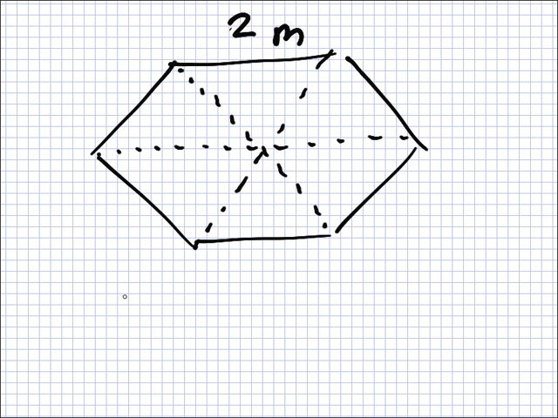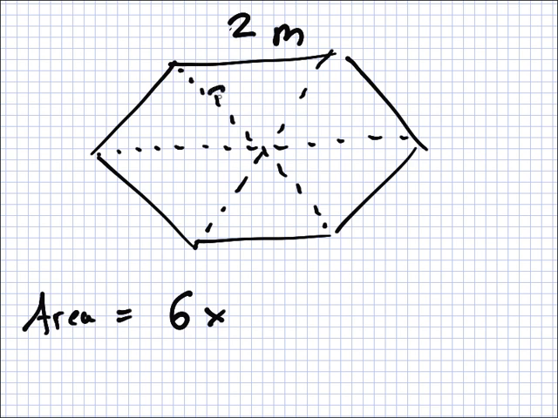Okay, we got answers? 10.8. Let's have a look. So the area will be 6 times the area for one of these triangles. Now, you might remember that each of these triangles is equilateral.